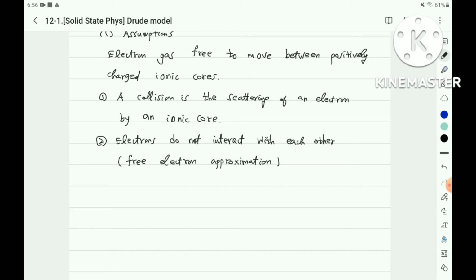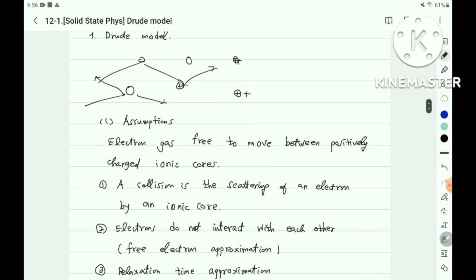The third assumption is the relaxation time approximation. When you think about scattering, there is a time for the scattering, tau 1, tau 2, and so on, and we can take an average value of the time.